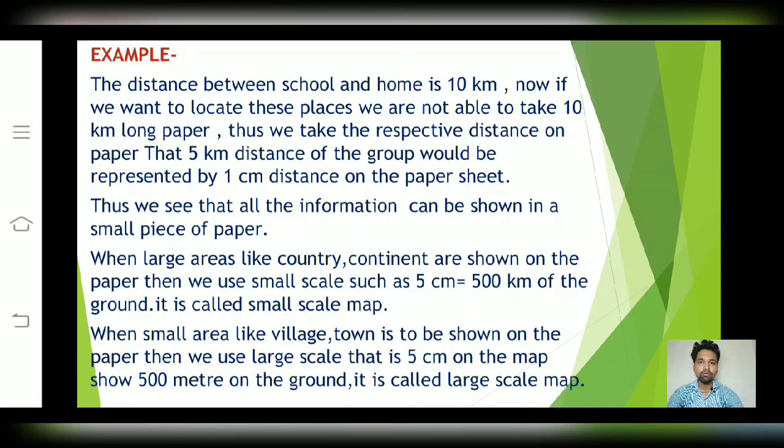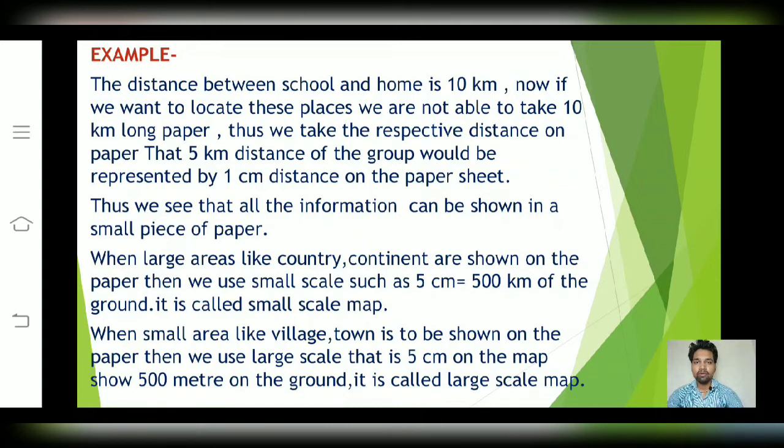Friends, as you know, 500 kilometers is a very long distance, and if we have to travel this distance, we have to consume more time, and we will not be able to gather information easily or within a short period of time. So that is why we are taking a scale.